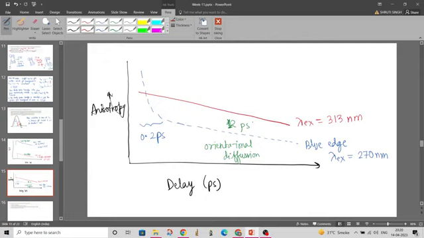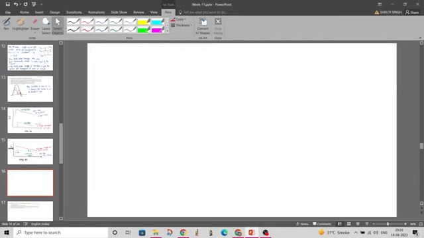So the red edge came as single exponential when excited at 313 nanometer.